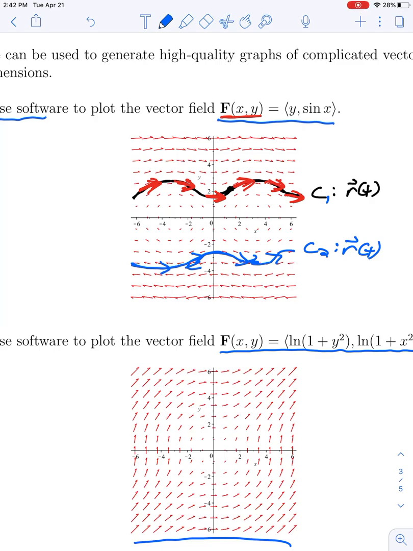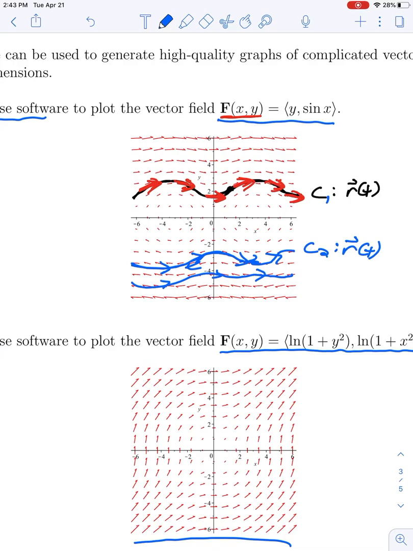Now the way that we can think of this as a physical interpretation would be if this vector field represents, say, a velocity field, maybe fluid velocity for fluid moving through a plane, and we have some object, say a boat, or some object traveling through the water against the current, we could think about this vector field as representing the work done by that vector field in moving our object along this curve.